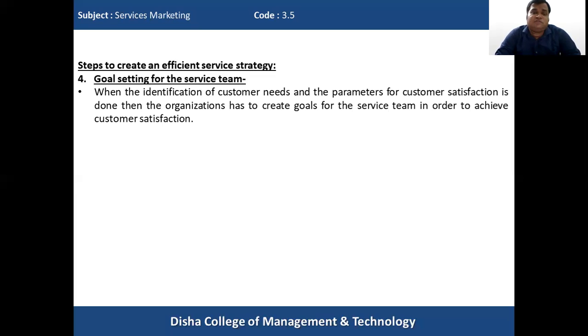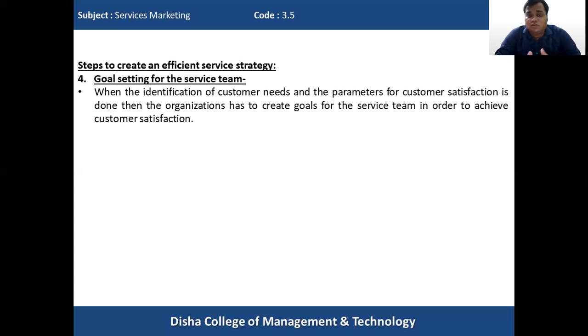In the initial points we have understood that we have to create a service vision, we have to understand the customer needs, we have to do proper hiring. By doing all these things, we identify what the customer needs are and what the various parameters of customer satisfaction are that the organization needs to achieve. Once these things are in place, the organization has to create goals for the service team, because the service team together has to function in order to deliver the service to the customer.